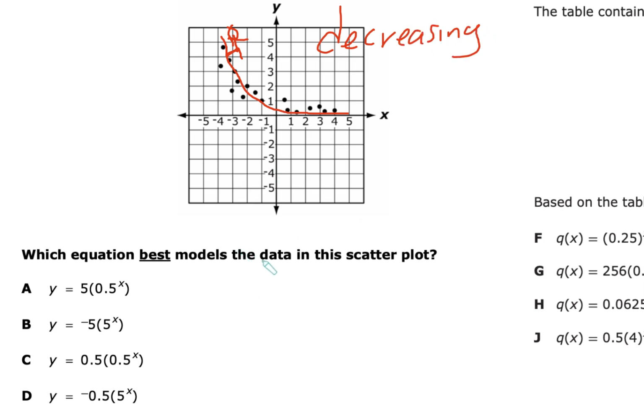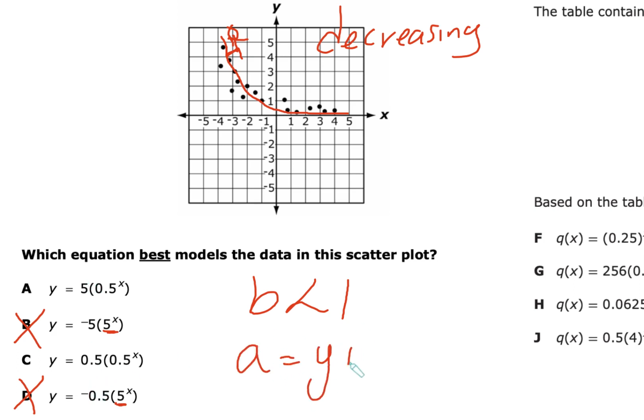So your growth factor has to be less than 1, which means my answer is not B. So let's exclude that. And we're going to also exclude D because look at the growth factor. It is 5, which is greater than 1. Now, we need to find our A. Remember, A would be our y-intercept if it's a graph.